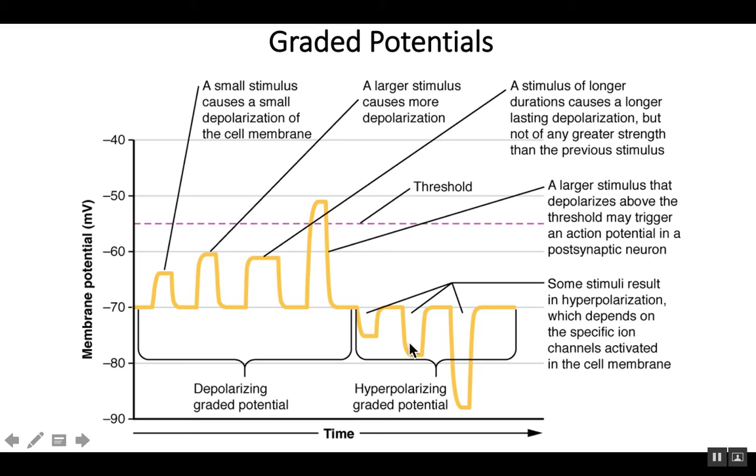So here's a couple hyperpolarizing graded potentials. Here's a very dramatic hyperpolarization. All of these make that membrane farther from threshold, therefore it would make that neuron harder to get to threshold and cause an action potential.